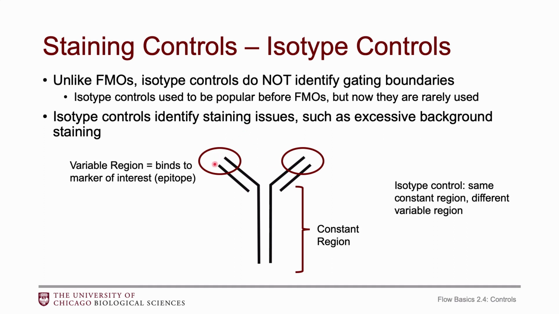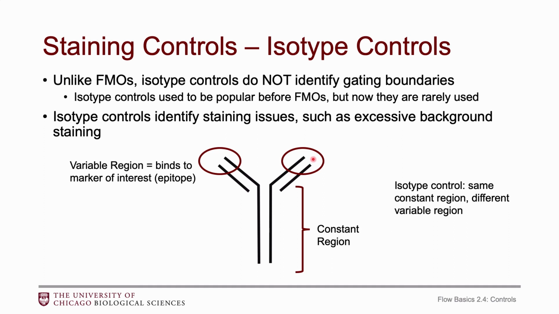And then we also have two variable regions, and this is the part that is specific to your marker of interest, or the epitope on the cell. So your isotype control will have the same constant region as the antibody that you're using to actually run your experiment, but it will not have the same variable region, so it shouldn't be specifically binding to your sample.